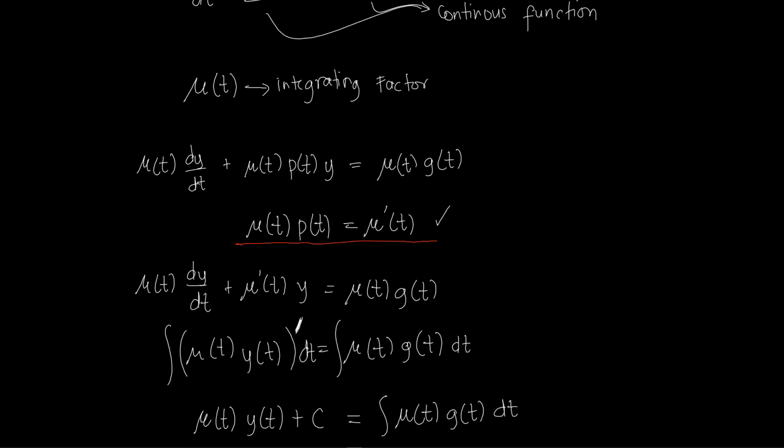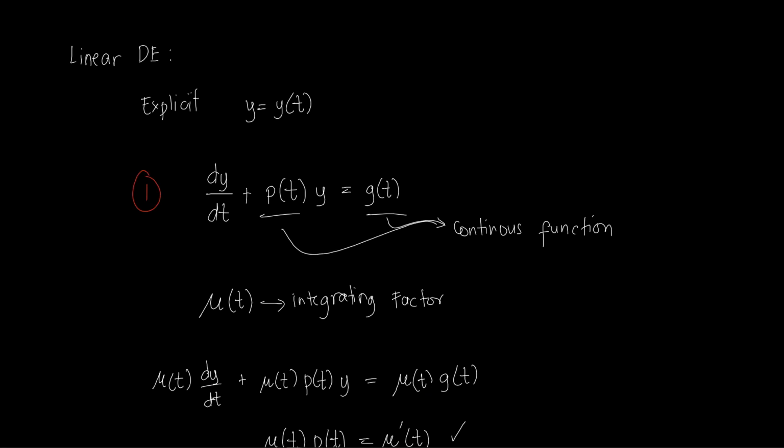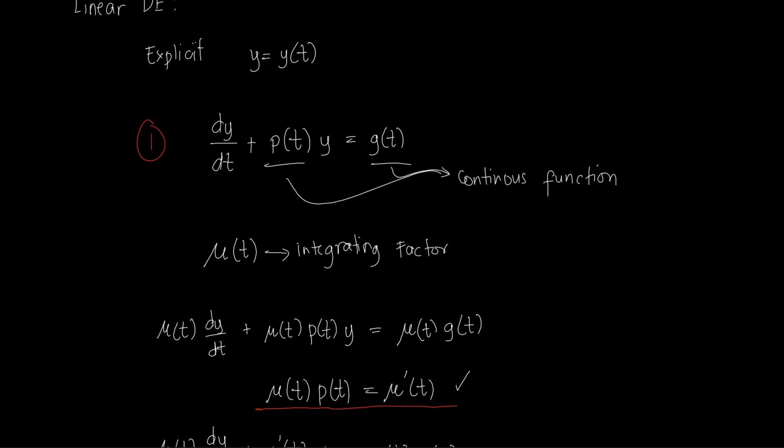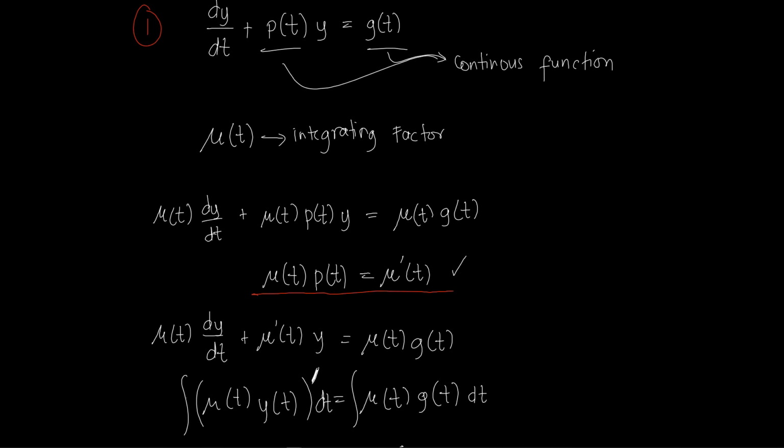First is dapat mapaporma na to siya og ing-ani. Kung given, dapat mapaporma na to siya og ing-ana. Second is, pangitaon na to ang mu of t, ang atong integrating factor.